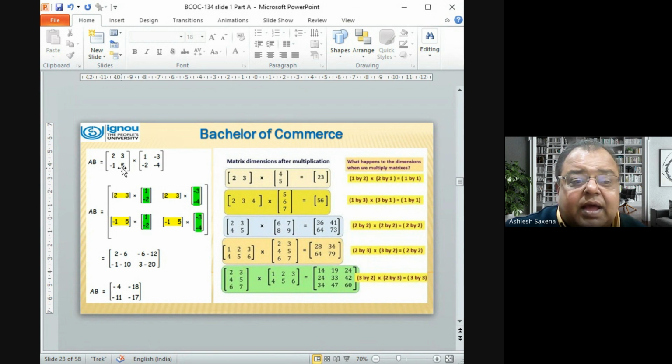Here again in the fourth, second left to right, top to bottom, and it is written as multiplied 2 into 1, 2, plus 3 into minus 2, minus 6, 2 minus 6 is minus 4. Similarly, you will be getting minus 6, minus 12, minus 18, minus 1, minus 10, minus 11, 3 minus 20, minus 17. Your answer is a 2 by 2 matrix.